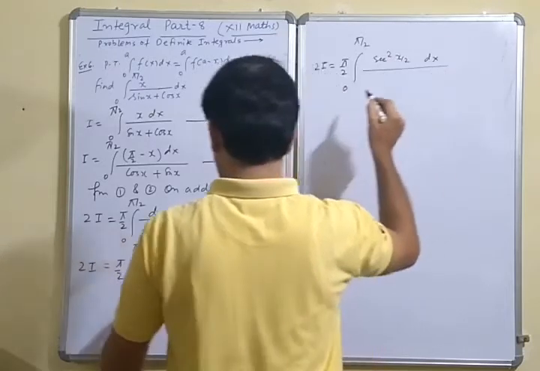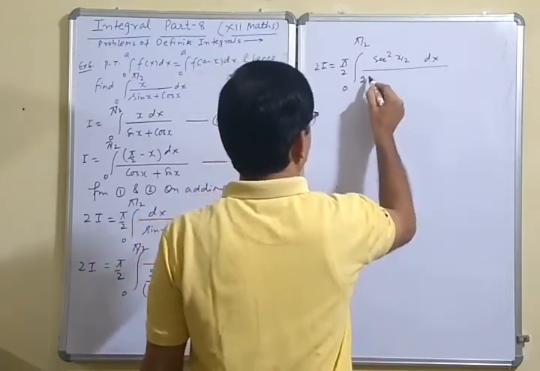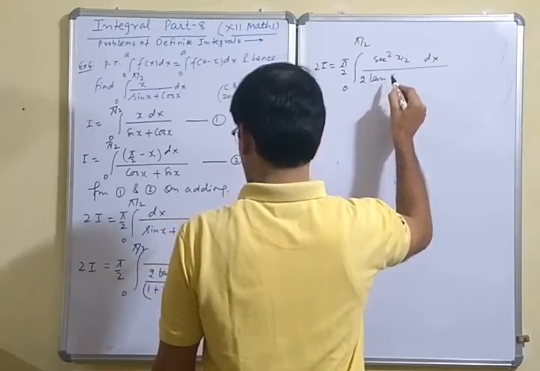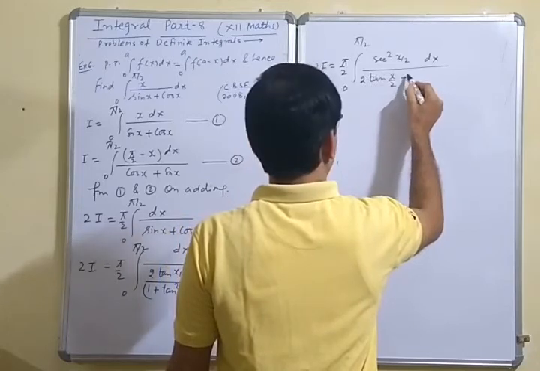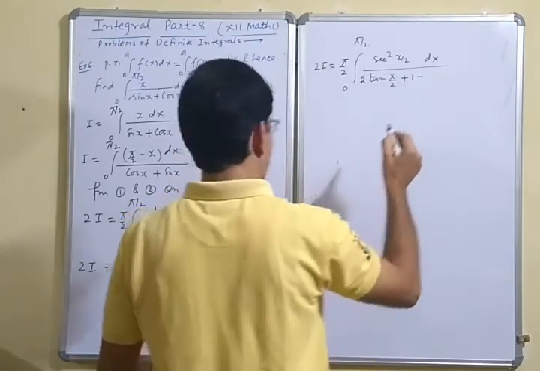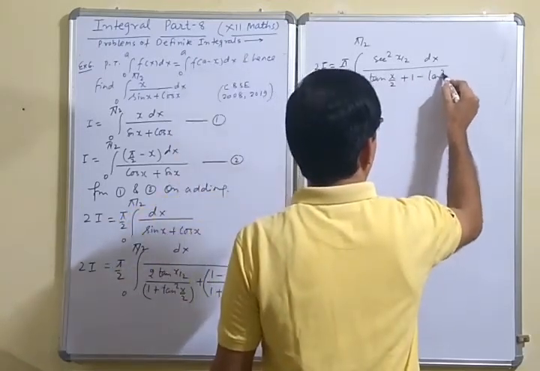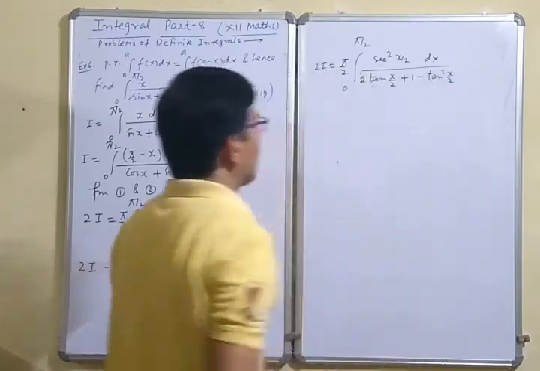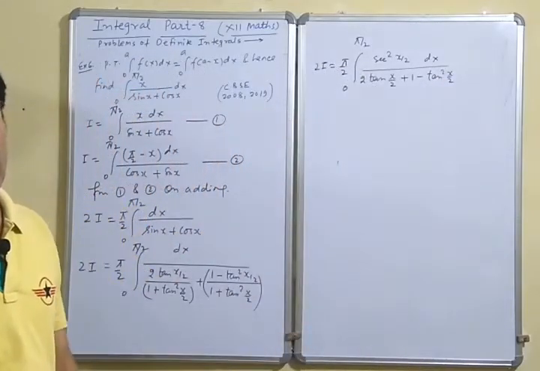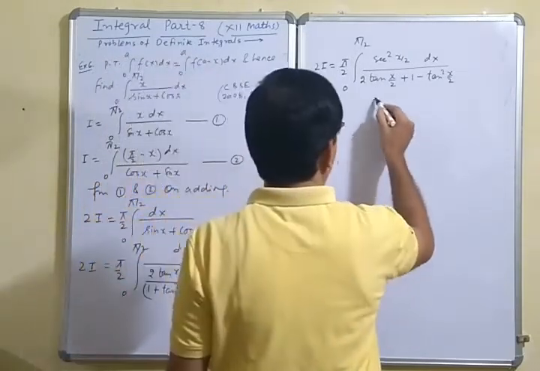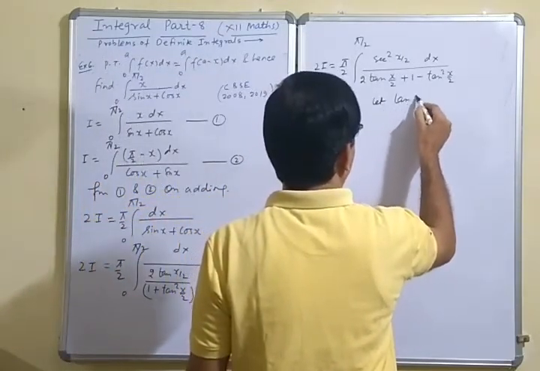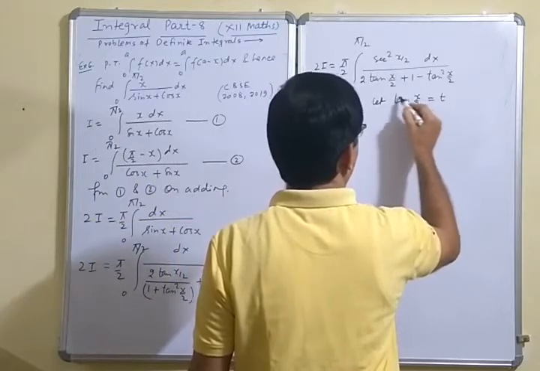In the denominator it is 2 tan x by 2 plus 1 minus tan square x by 2. So sec square x by 2 is nothing but the differentiation of tan x by 2. So now let tan x by 2 be equal to t.